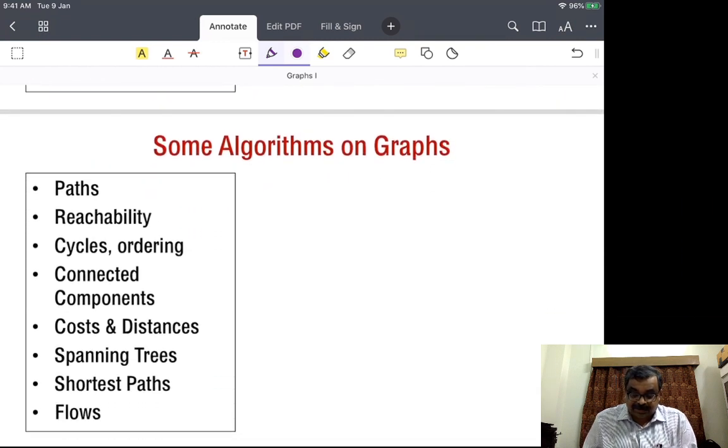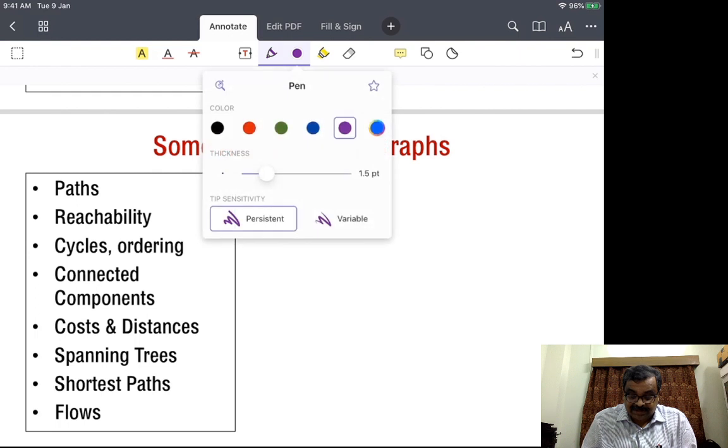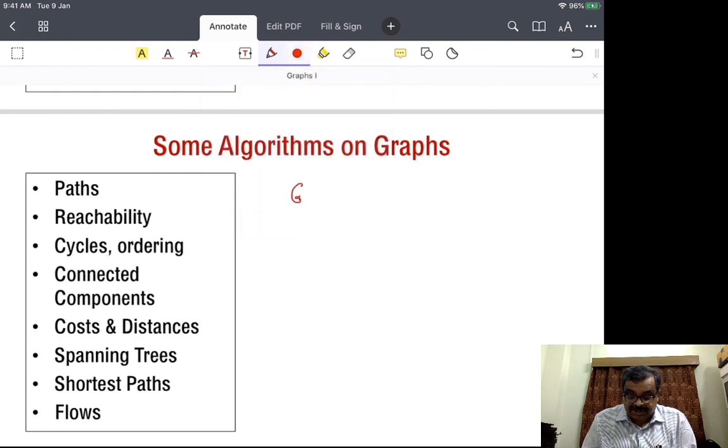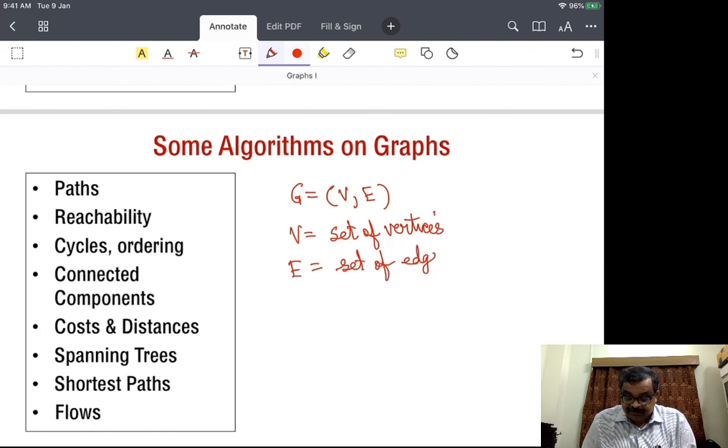Finally, to summarize what we have: a graph G equal to (V, E) is the data structure where V is a set of vertices and E is a set of edges. These could be undirected or directed, and they could have weights on the edges or labels at the nodes or on the edges.